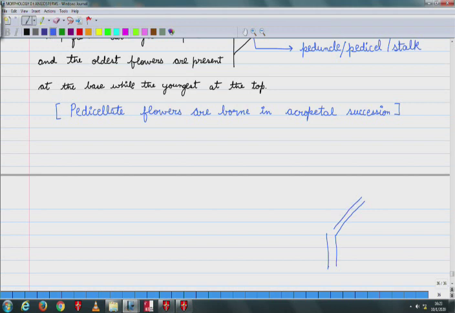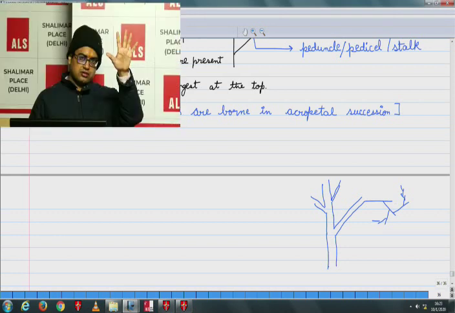A tree has many branches like this, right? It is growing up. Another branch like this. And the branches are branching like this, right? You can take a look at your hand also. It is branching into 5 fingers.